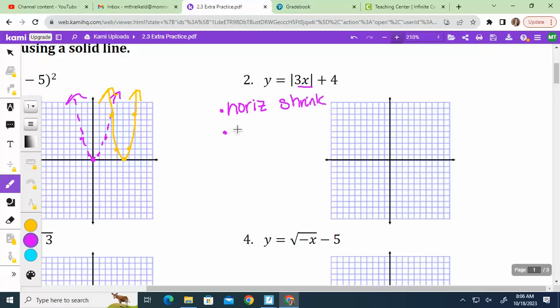And then the plus 4 will take it up. Okay, so if you are going to plot the parent function, what is our parent function? So 0, 0, 1, 1, 2, 2, -1, 1, -2, 2.